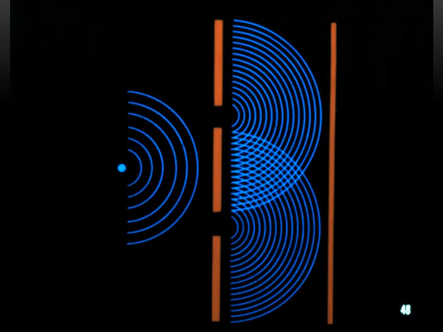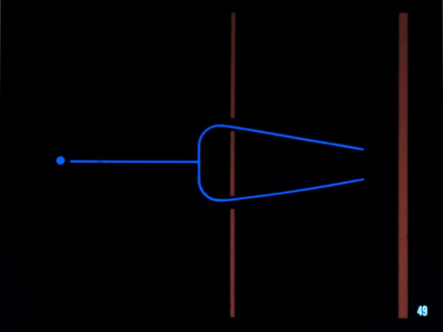Could it be that each electron somehow goes through the slits as a wave and then interferes with itself? Or could each electron somehow split in two, each part going through one slit and then interfering with itself that way? We can try to find out.